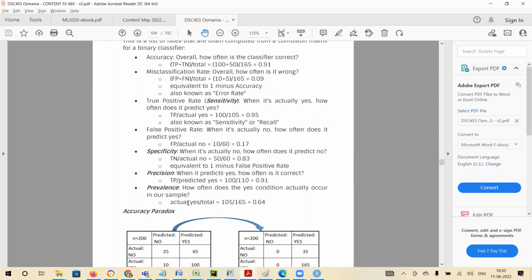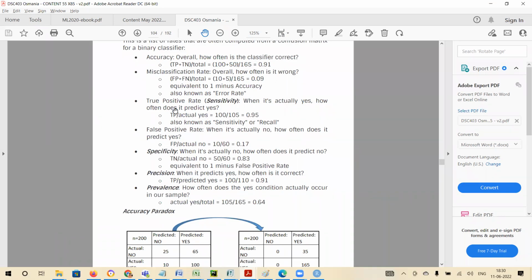Prevalence talks about actual positive by total. How many positive values are there? But for your calculation, accuracy, misclassification. Accuracy is TP plus TN, all the correct values by all the values. Misclassification is all the wrong things, so false positive and false negative by total.